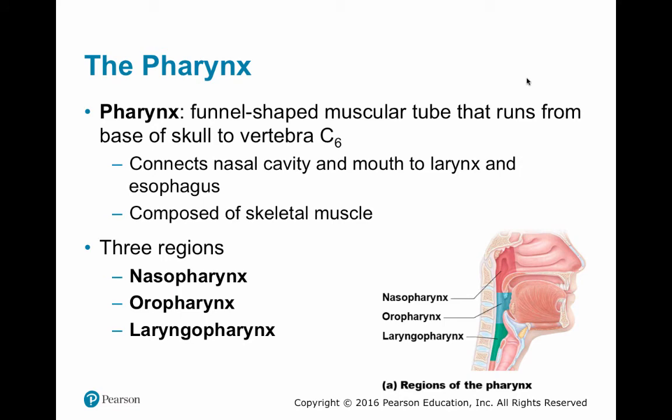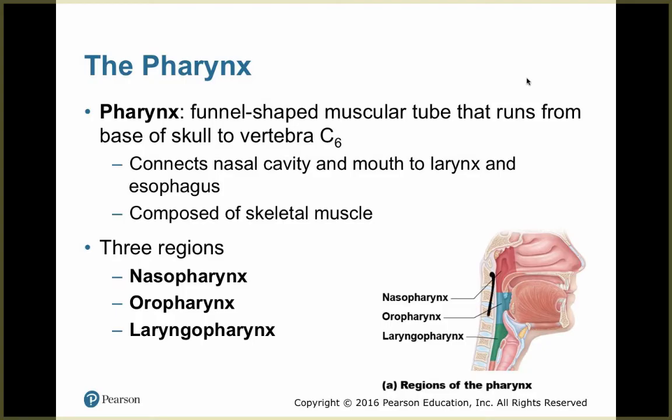So the pharynx, if you look here, is this funnel-shaped muscular tube that runs from the base of the skull to about vertebrae C6, right? That's in the first set of cervical vertebrae.